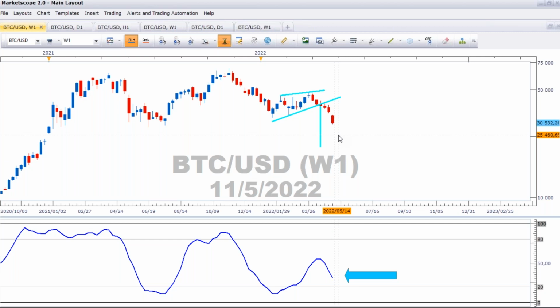Now, with regards to targets and forecasting, I want to make this statement up front. They're useless. Targets are useless. They're either going to be hit or they're not going to be hit. It really depends on sentiment at the time.